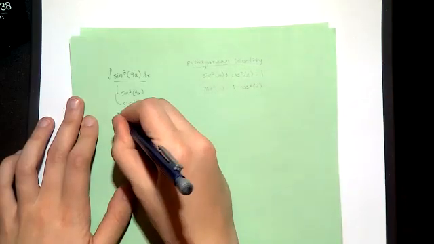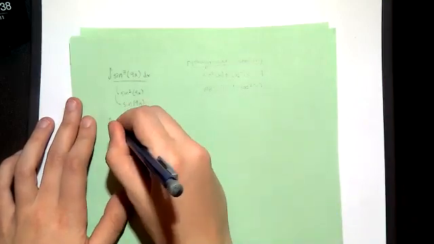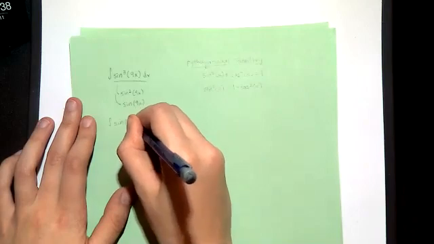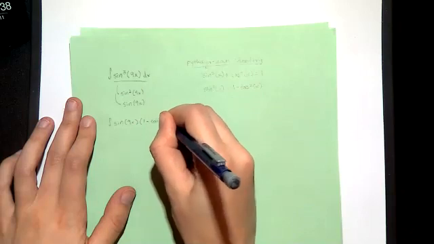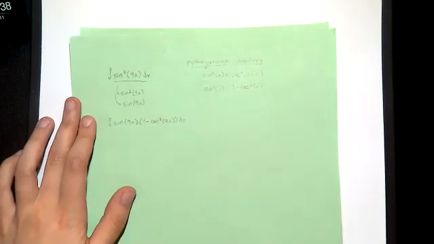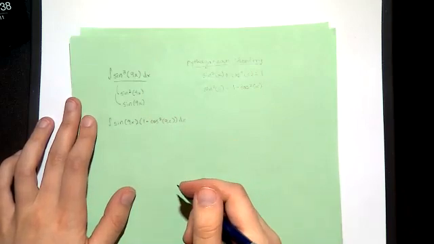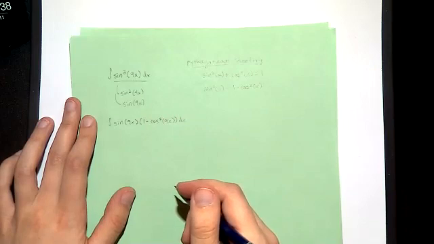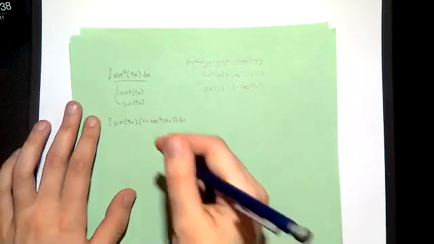So if we rewrite that, we have the indefinite integral of sine of 9x times 1 minus cosine squared of 9x dx. Once you get to this point, what I would suggest is most likely a U-substitution, because you don't necessarily want to get stuck in the loop of Pythagorean identities.